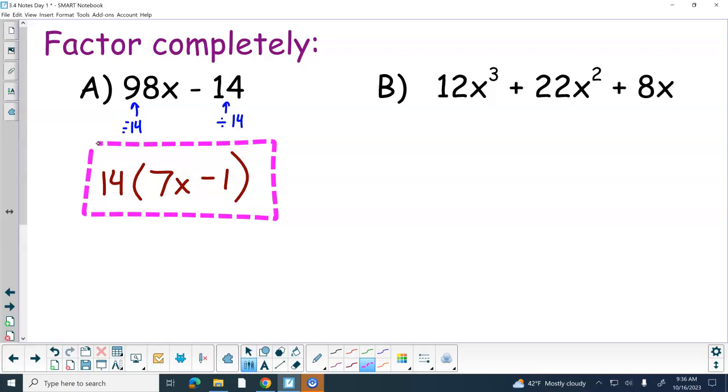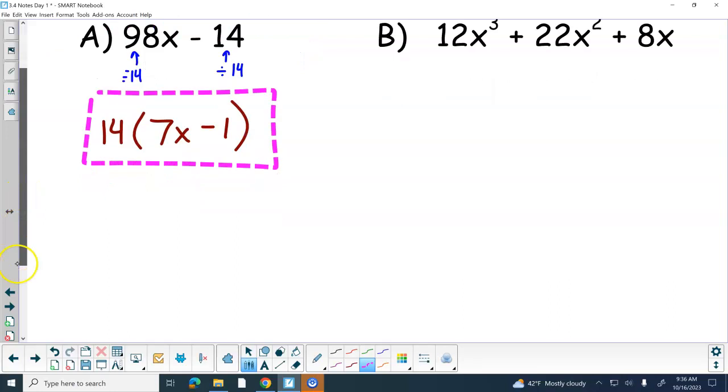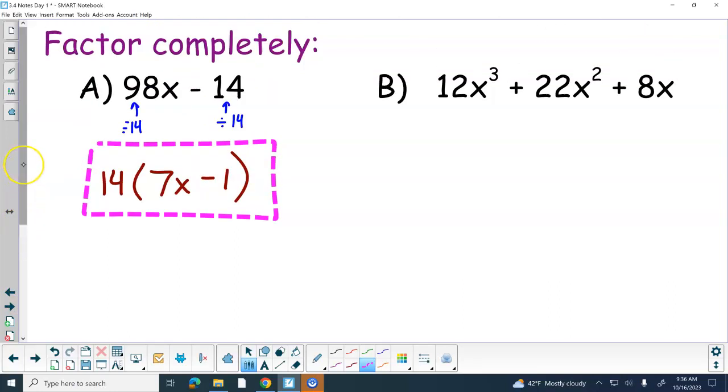In part B, what is my greatest common factor? Sorry, I was just checking to make sure there wasn't a C on this one. Greatest common factor is what? Is 2 my greatest common factor? 2x is my greatest common factor.